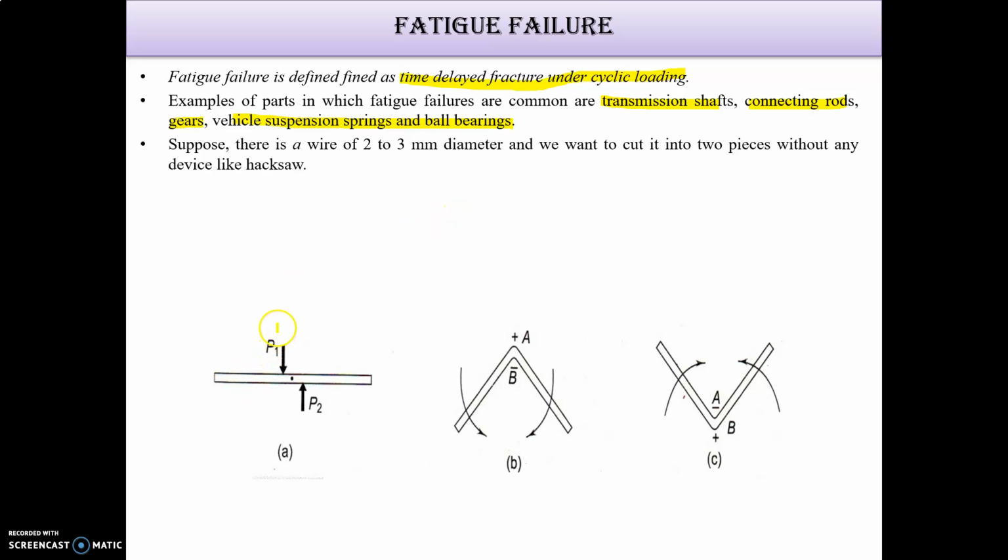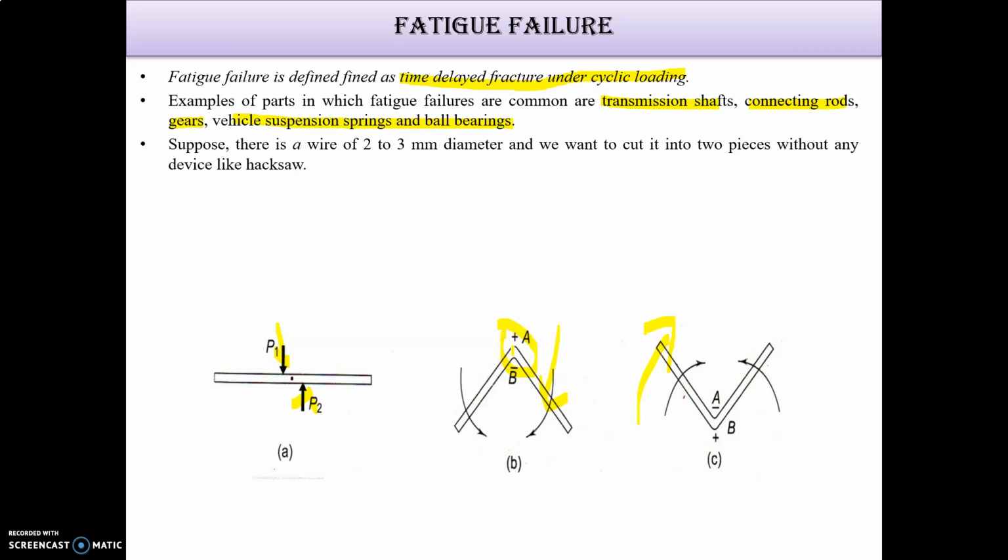We will apply a force from this side and one force from this side, and we will bend it first in the downward direction and then the reverse. So these reverse stresses act on it. This continuous movement will lead to tensile and compressive stresses at this portion, and due to this, at one time it will develop a crack here.